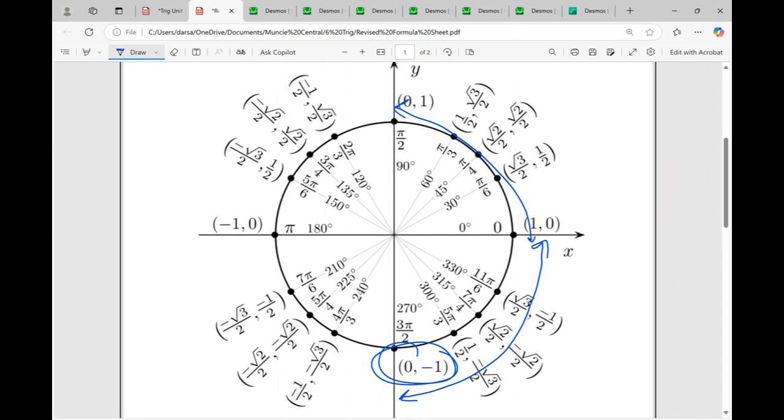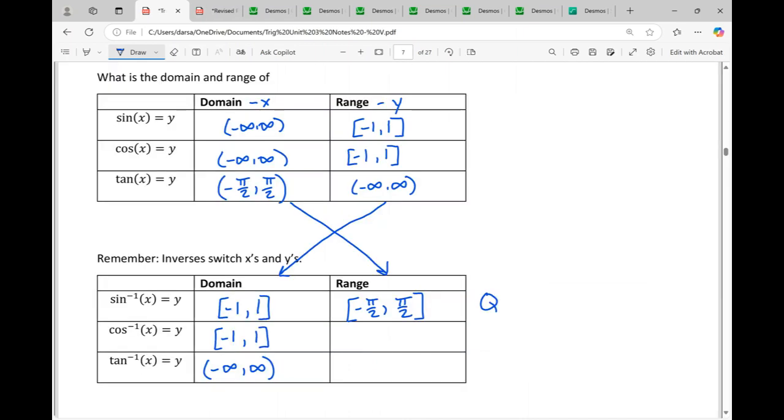So what quadrants are we really looking at our answers coming out of? Well, our answers are coming out of quadrants 1 and 4. I know this is kind of confusing, but once we get started on the problems, this will make a little bit more sense. But we have to kind of pull all these nitty-gritty things together. So we're going to get answers from quadrant 1 and quadrant 4, and the quadrant 4 answers will be negative angles from -π/2 to 0.